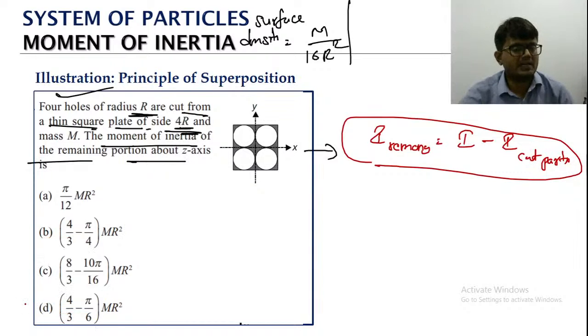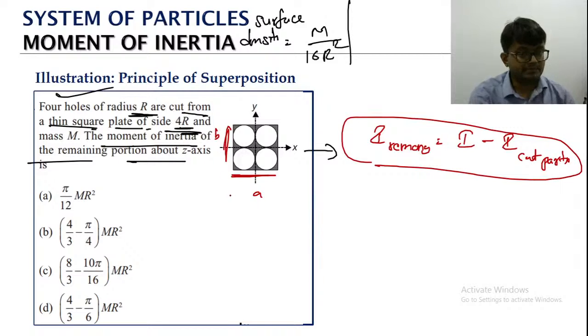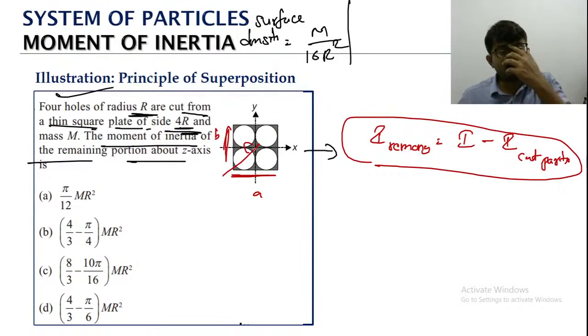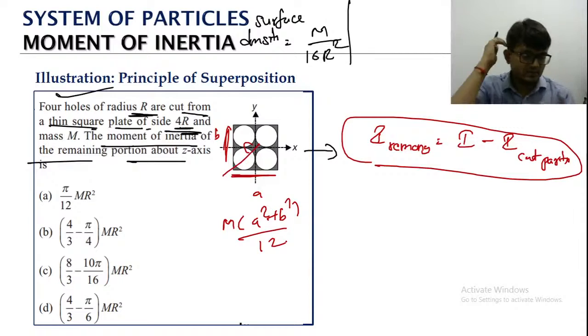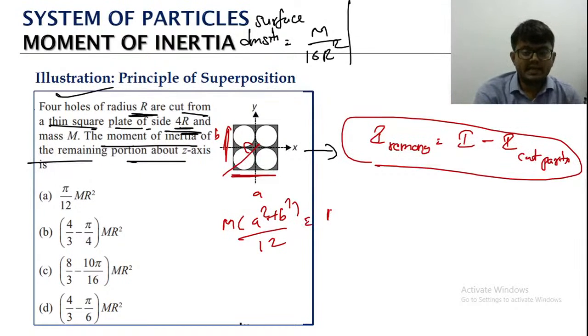For that we already have a result. For a rectangular plate of edges A and B, if you have an axis passing through the center of the plate and perpendicular to the plane, the moment of inertia is M into (A square plus B square) by 12. We have seen this quite often in the previous results, right? Here A is 4r, B is also 4r.